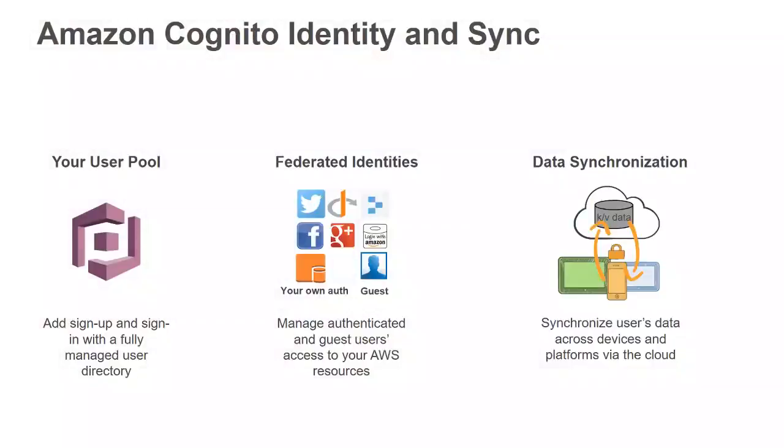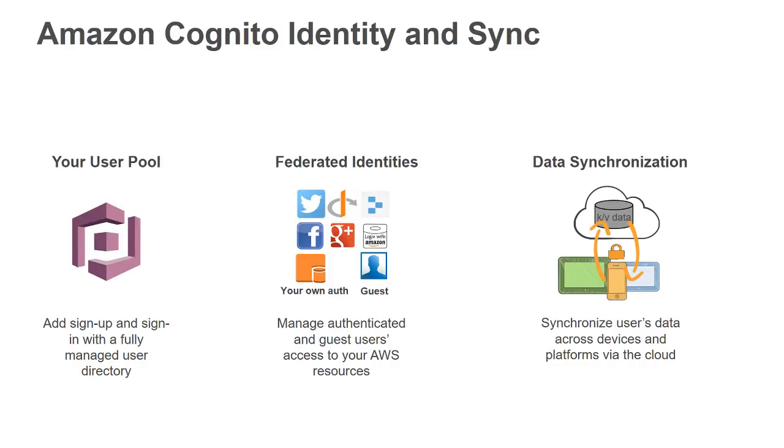You have your login without building your own database, without trying to set permissions, retrieve the sign in, or register users. You can do that yourself, and that's super cool. That's what you can do with user pools.